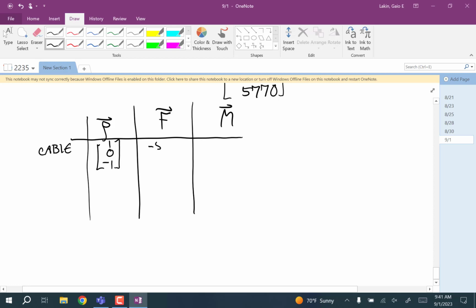The force vector was negative 5770, positive 5770, positive 5770. And then the cross product, it's easiest to do that with your calculator, but you get, so for the x component, cross that out, it's this times this, minus this times this, so that's 5770.